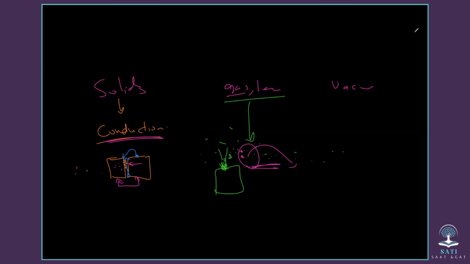But here, they don't move. This solid object remains in its place and this one remains in its place. And only the heat, because of conduction, because they are in contact with each other, transfers from one object to another. But for gases and liquids, as we said, the particles move by themselves, from one area to another area.